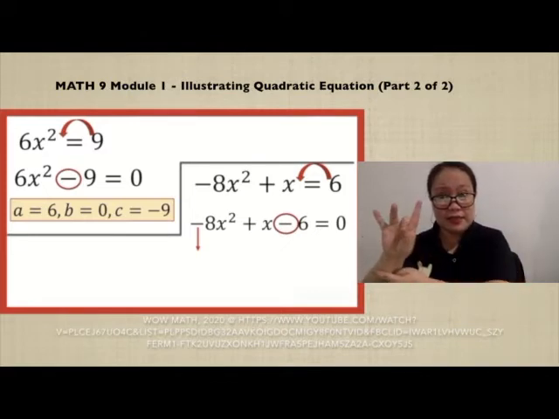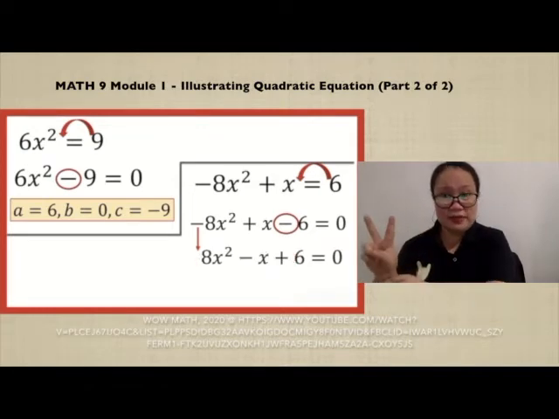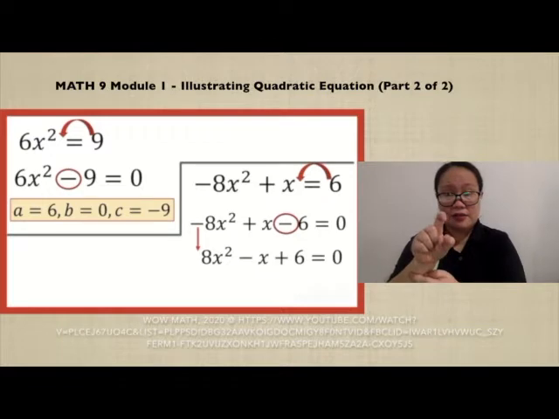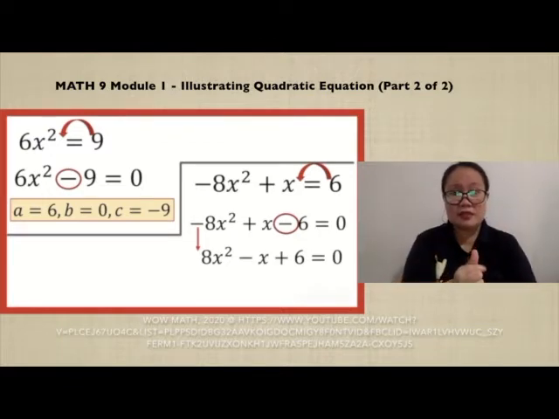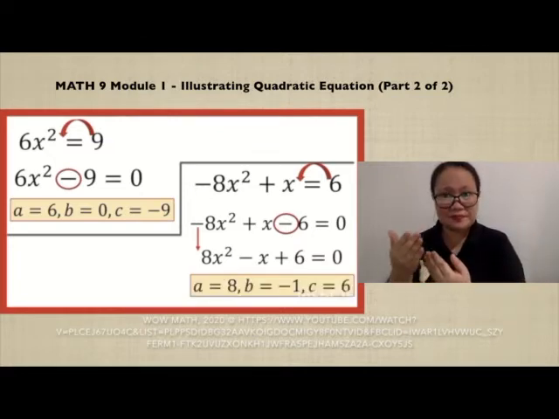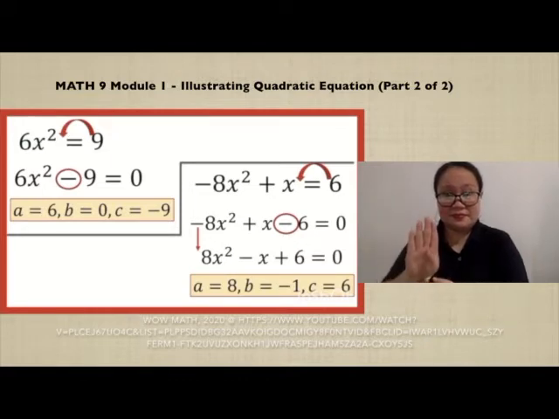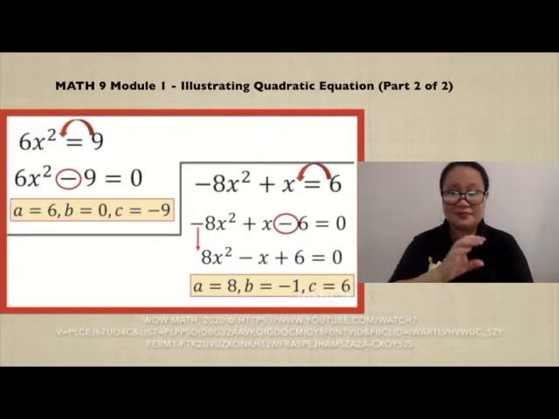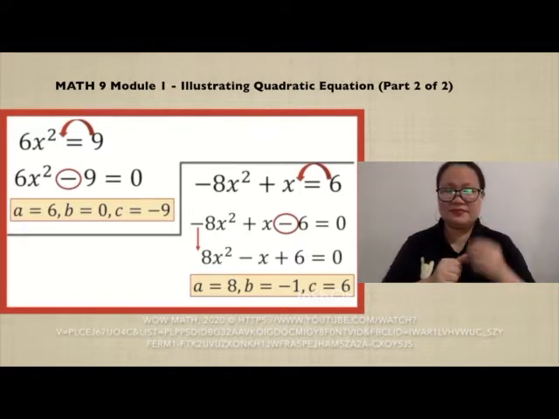So, yung negative 8 mo magiging positive 8x squared, yung positive x magiging minus x, yung minus 6 magiging plus 6, and then equals to 0. So we will now have the value of a, which is 8, b is equal to negative 1, and c is equal to 6.